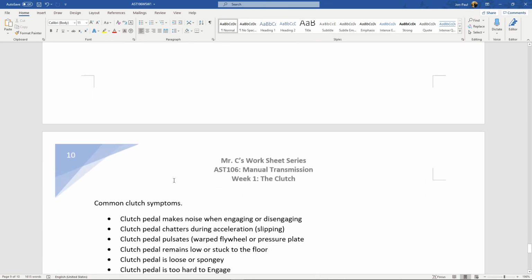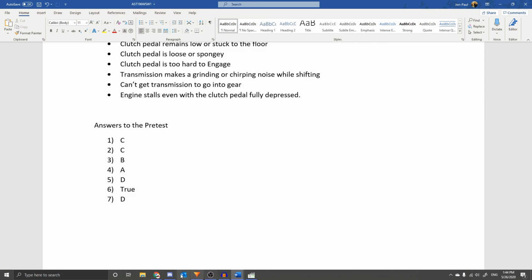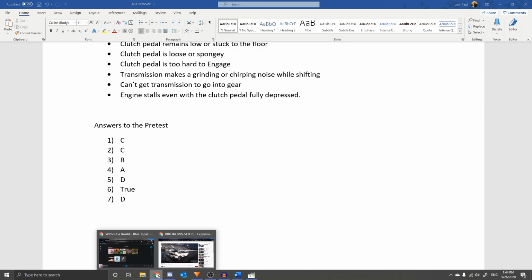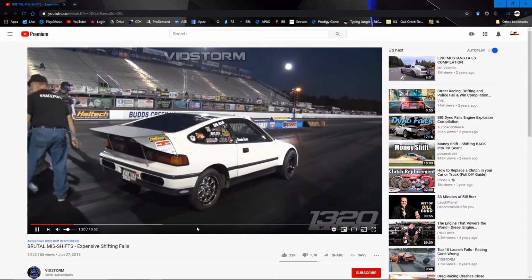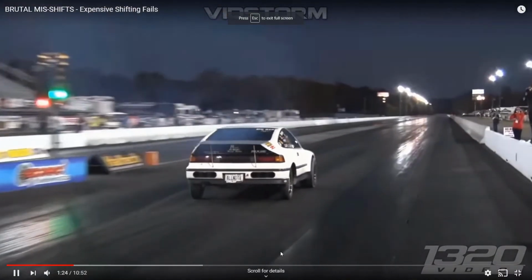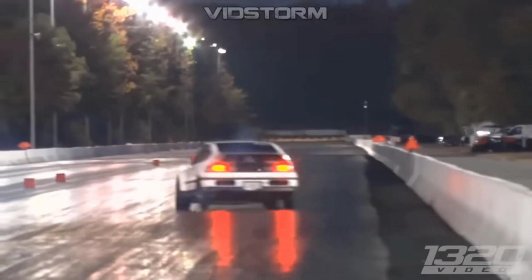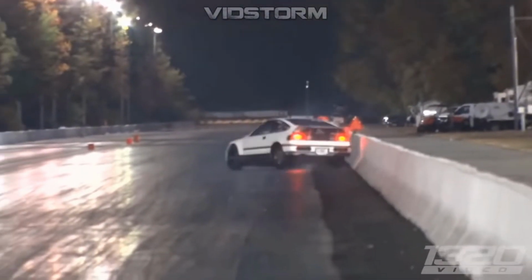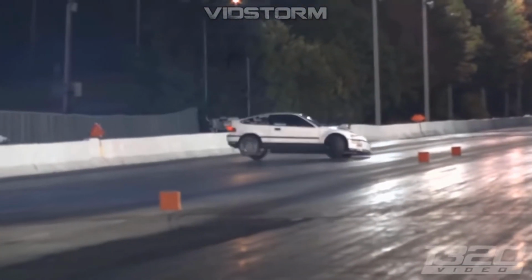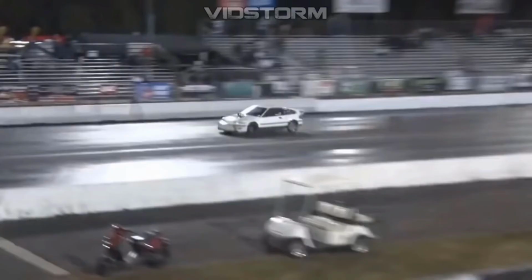Let's go back to my video, because my question is, when this dude misses a shift, why does the car nosedive? Well, that's because these are front-wheel drive vehicles, right? The transmission's in the front, drive wheel's in the front. Why does it nosedive like that? What is happening or breaking, coming apart, causing these problems because he missed a shift? So things to consider here.